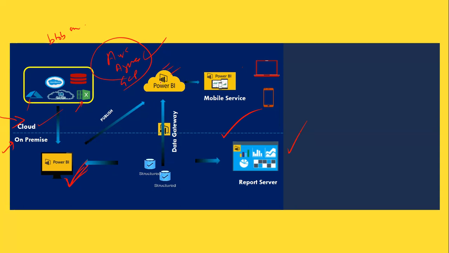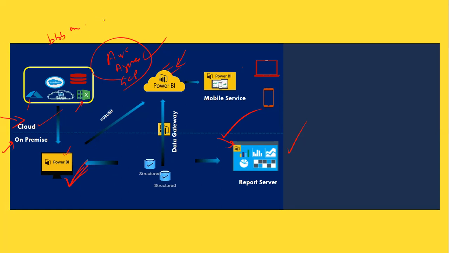And you can also load the data here on cloud directly. And you can create new reports, but data modeling is not possible. But the dashboard, you can create a dashboard using Power BI cloud service only. You cannot create a dashboard in your report server or in your Power BI desktop.